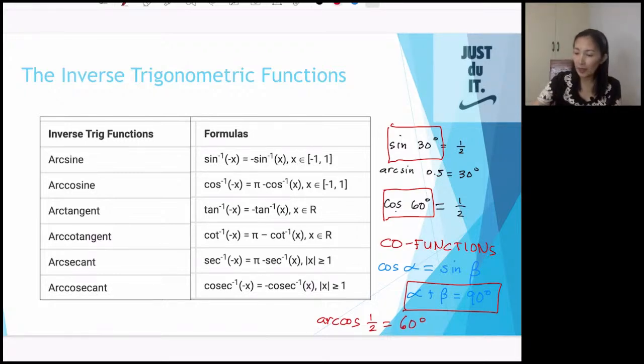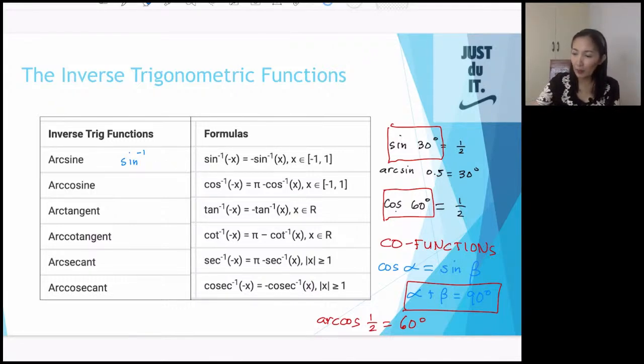But there is another way by which we can write this. You don't have to spell it out completely, because arcsine is represented by sine raised to -1. Please bear in mind that this is not equal to 1 over sine. Sine raised to -1 is arcsine, because 1 over sine is cosecant.